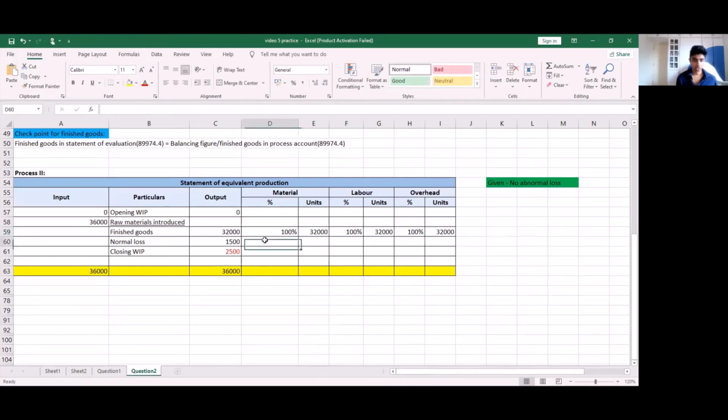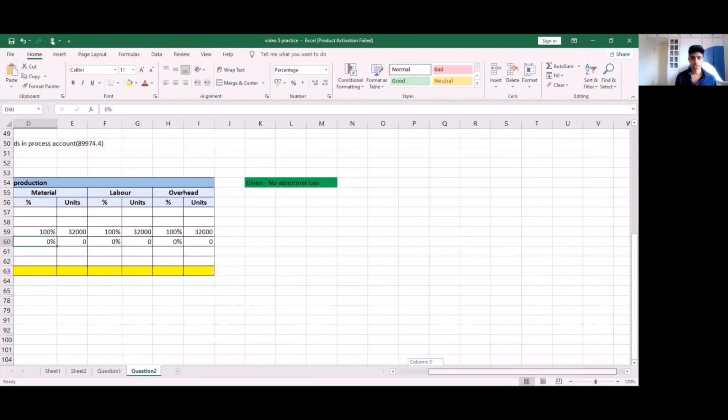Coming to our normal loss, we assume that degree of completion is 0 because no work has been done on our normal loss units. So here I would like to mention that even if they have mentioned in the question that for normal loss some percent of work has been completed, we always take degree of completion for normal loss as 0.